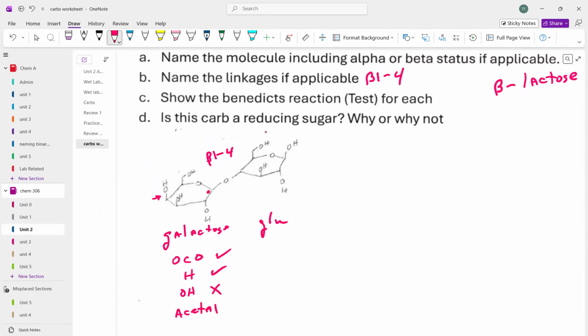So we have anomeric carbons. We have OCO, OCO, and hydrogen, yes, and OH, yes. So this is a hemiacetal. So the hemiacetal can open up. When it opens up, it can be oxidized.